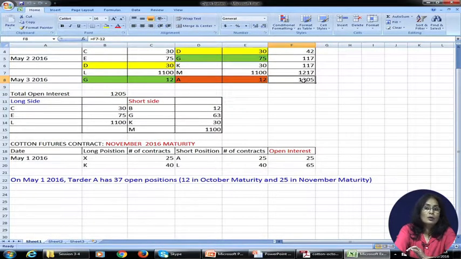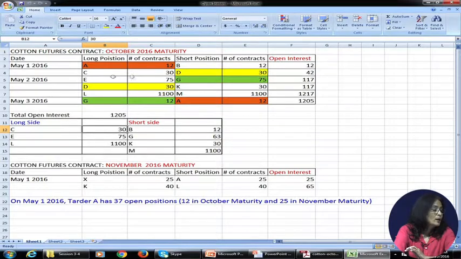Open interest available is 1205. So how has this 1205 been calculated? C has 30 long futures, E has 75 long futures, L has 1100 long futures. So the sum total is coming to 1205. Or if we consider the short futures side, B has 12 contracts, G has 63 contracts, K has 30 contracts, and M has 1100 contracts.